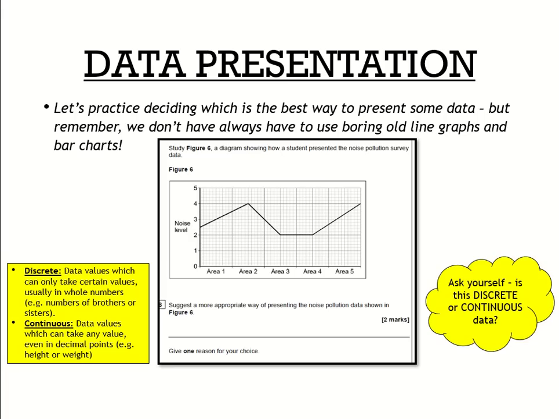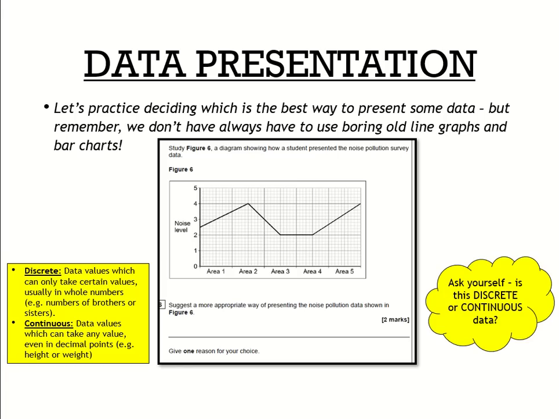So for example, the number of brothers or sisters you have. If you're asking for your favourite soft drink, Coca-Cola, Fanta, Sprite, that is discrete data. And for discrete data, you need to use a data presentation technique that suits that. For example, using a bar chart or a pie chart.